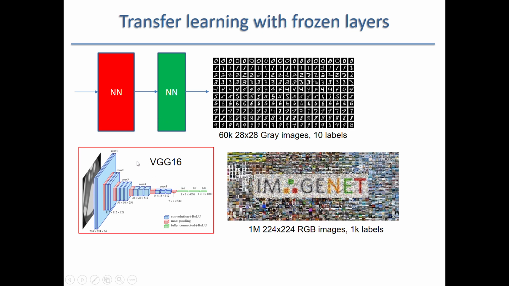With images, the first layers learn very low level features, like bandpass filters or oriented filters. So if VGG16 has been trained on 1,000,000 images, probably the first layers are useful to capture useful features of the input image.